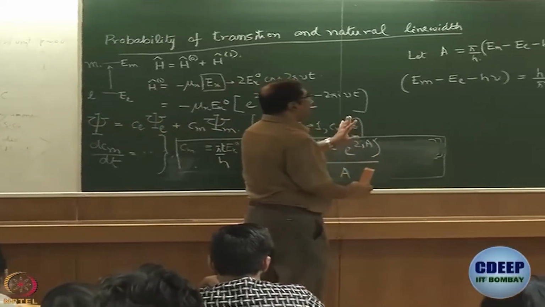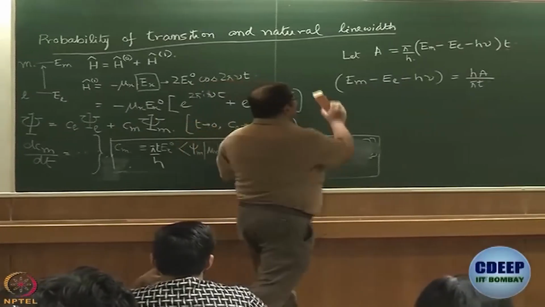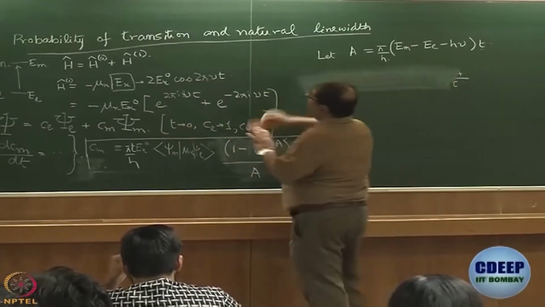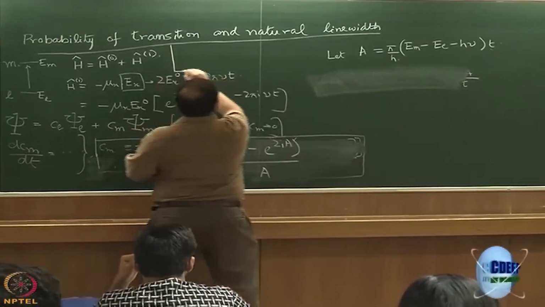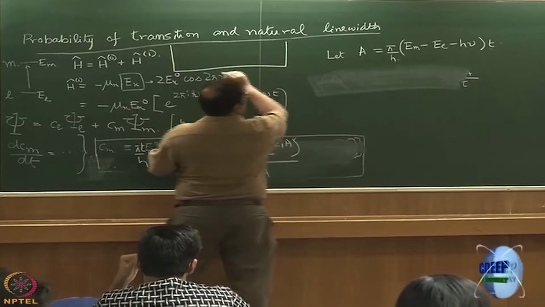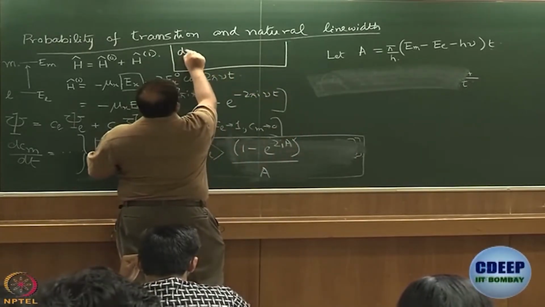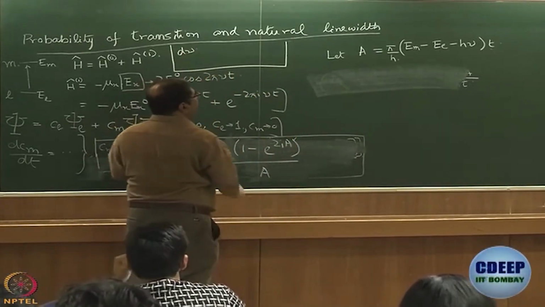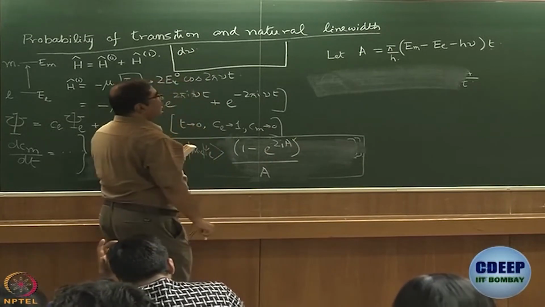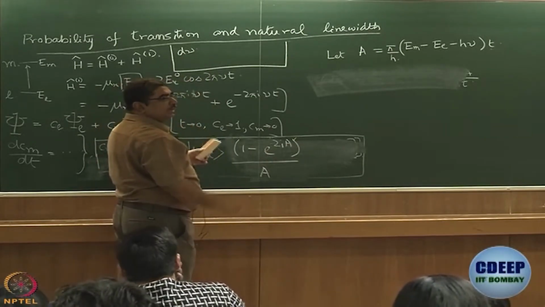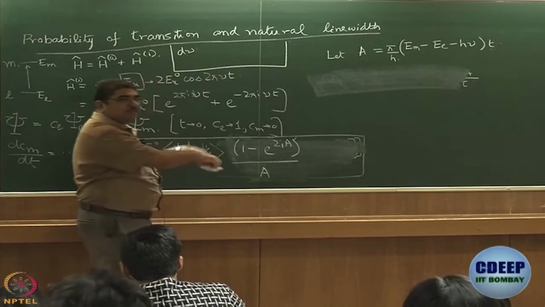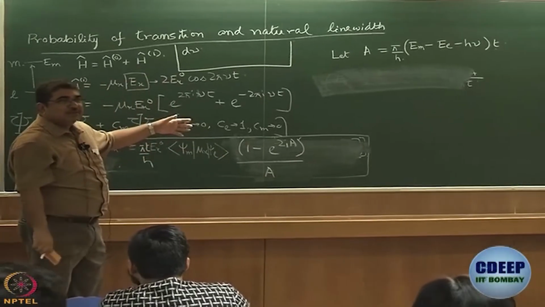Now, what do I want? In fact, I'll need this later on anyway, so let me write something else also, and let me put it here in the recap section. What is d nu in terms of dA? I'll need dA later on, very soon I have to integrate over nu.